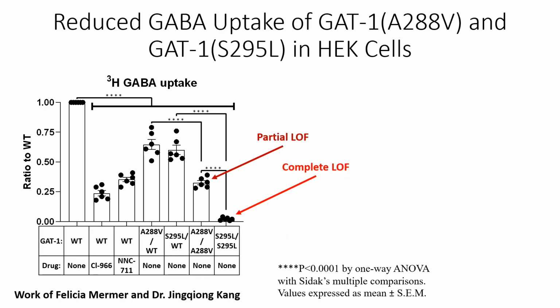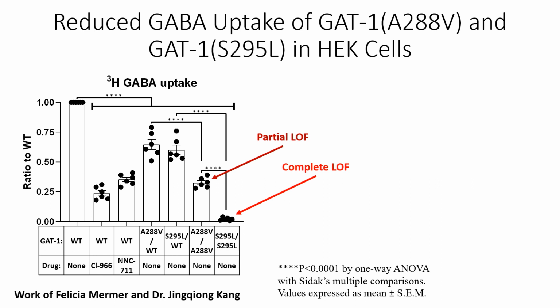And when you measure GABA uptake, in this case, what we did is we took cultured HEK cells and we transfected them with different combinations of GAT1, either wild-type GAT1 or some of these mutant variants, and we looked at how well these cells would take up radioactively labeled GABA. If you do that, you can see that if you only express wild type, they can take up GABA, so that's the bar on the very left, and it's normalized to be 1.